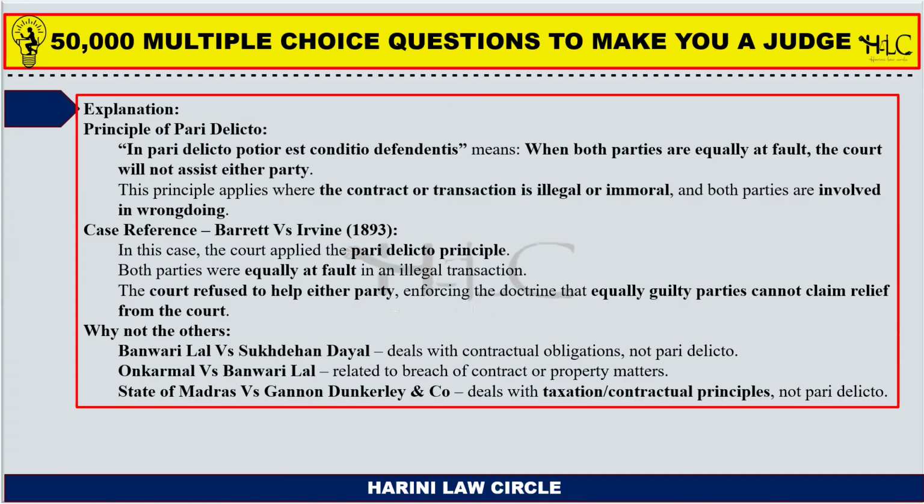So the complete maxim is in pari delicto, potior est conditio defendentis, which means when both the parties are equally at fault, the court will not assist either party. So this principle applies when the contract or transaction is illegal or immoral and both parties are involved in wrongdoing.